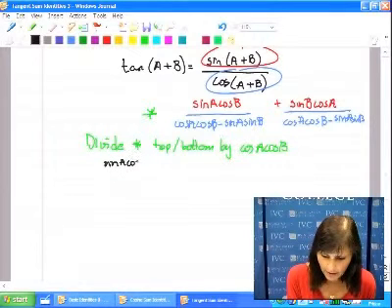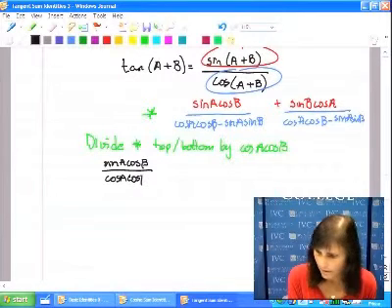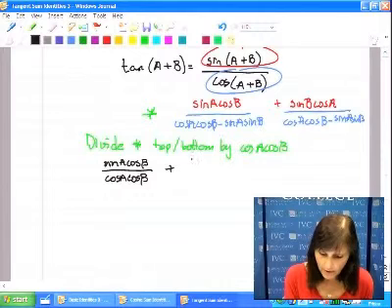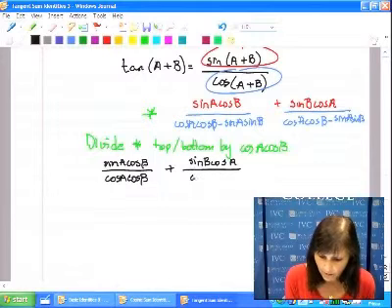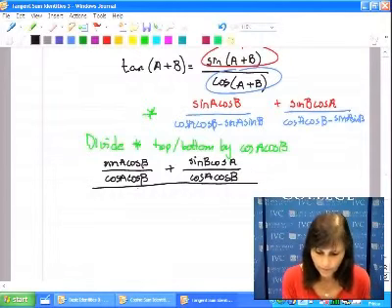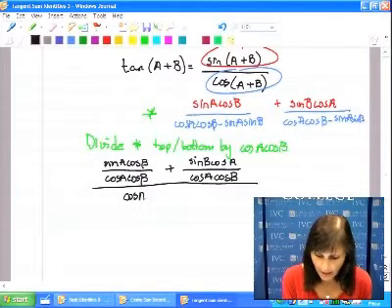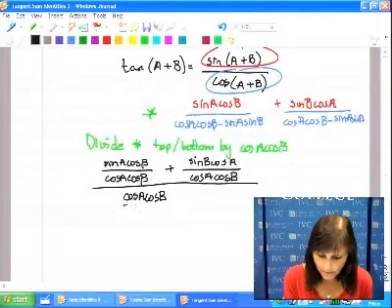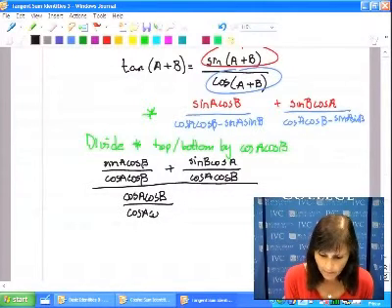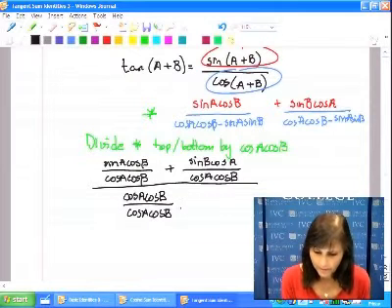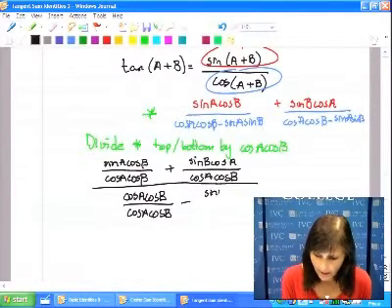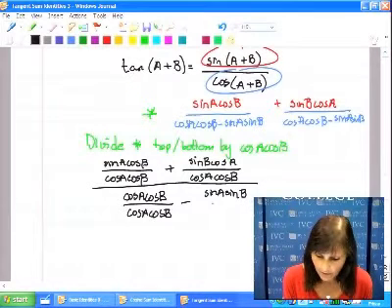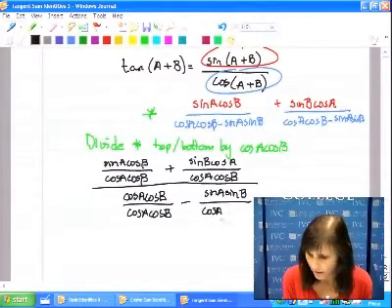Sine a cosine b over cosine a cosine b, plus sine b cosine a over cosine a cosine b, all over cosine a cosine b over cosine a cosine b, minus sine a sine b over cosine a cosine b.